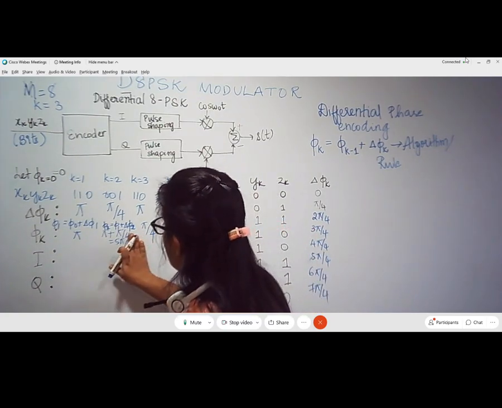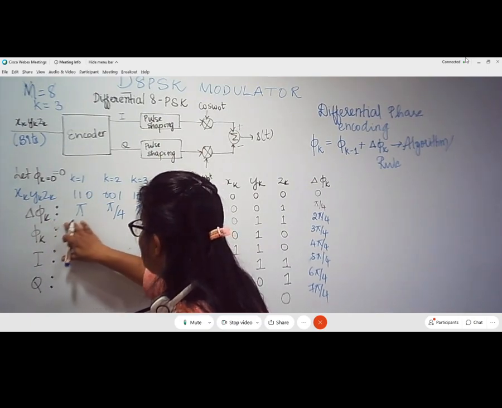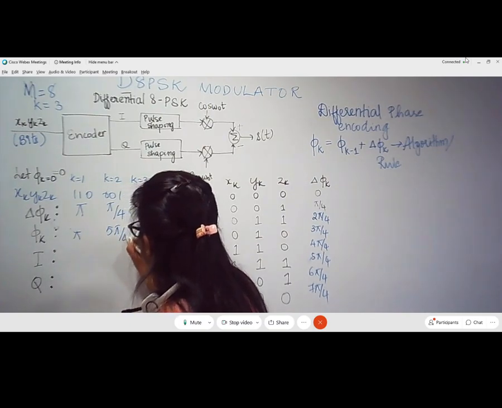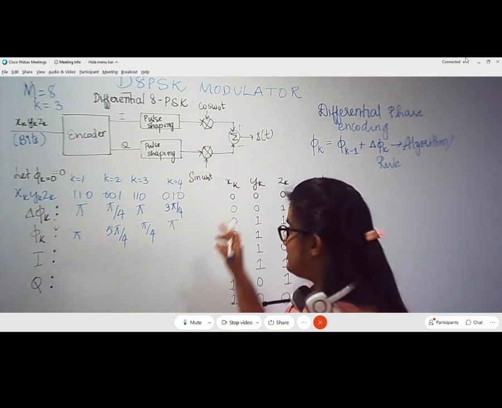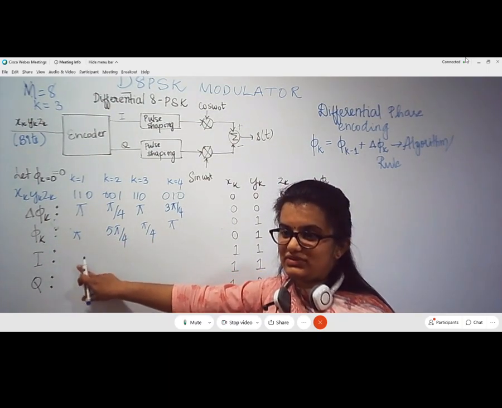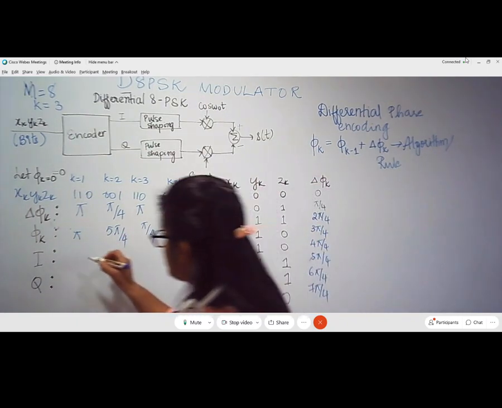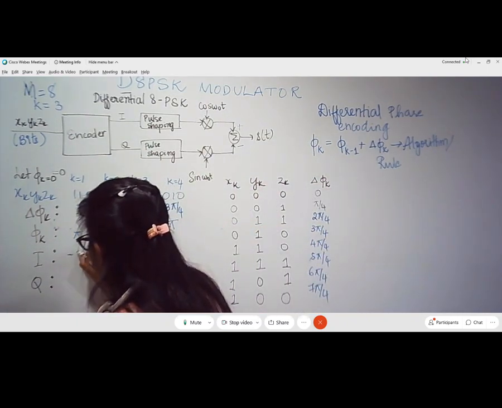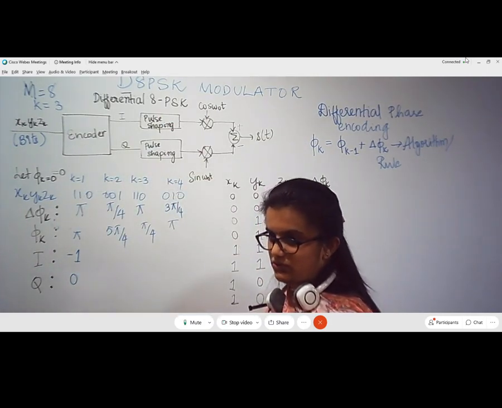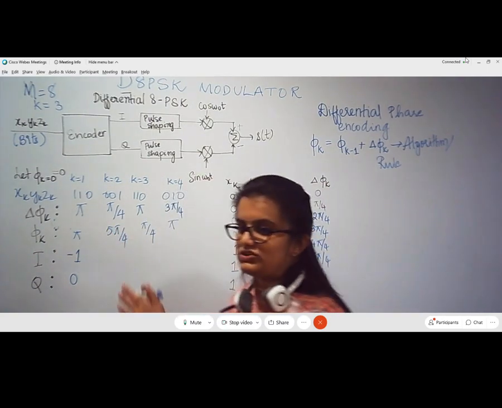Now, we know the individual amplitudes, the I and Q values for these values of the phases. This was 5 pi by 4. Now, if you remember, we had written that circle where we had done the amplitude assignments, that is I and Q values for these angles. So, we are going to do that assignment now. The I value for pi is -1 and Q value was 0. For 5 pi by 4, it belongs to which quadrant?